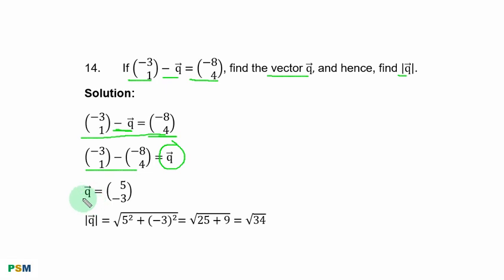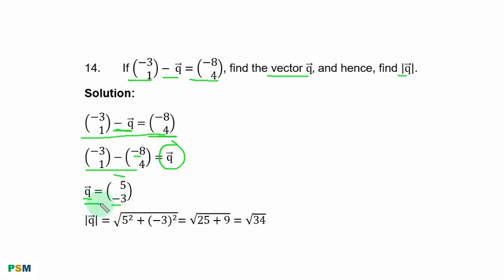Therefore, vector Q is equal to minus 3 minus 8. That is minus 3 plus 8 equal to 5. 1 minus 4 is equal to minus 3.